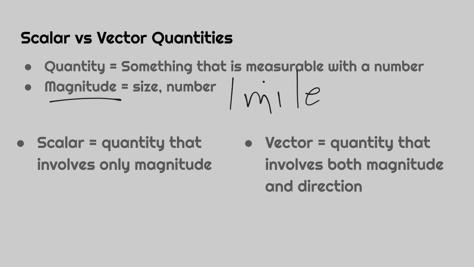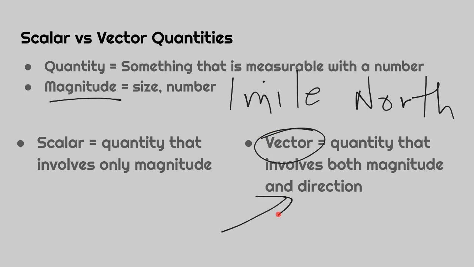A vector is a quantity that involves both magnitude and direction. So all I have to do is say I went 1 mile north, and now I have a vector. I have to have both of these in order to have a vector. A vector you can usually see as an arrow. In science we use arrows to show the magnitude, so the longer the arrow, the longer the distance.